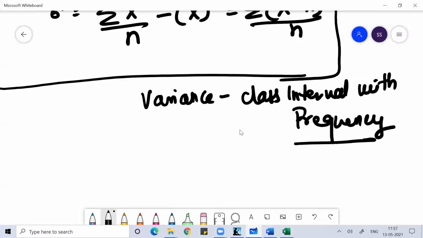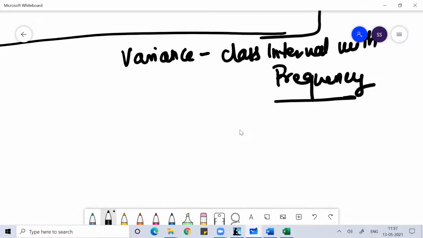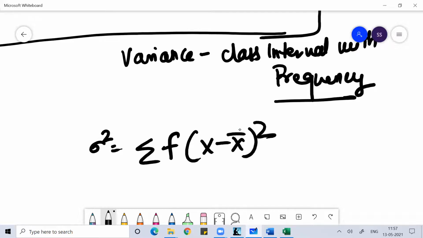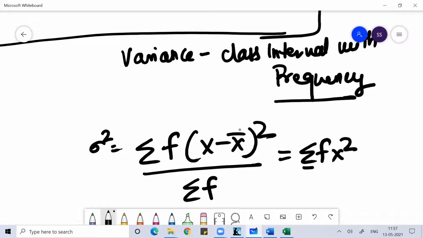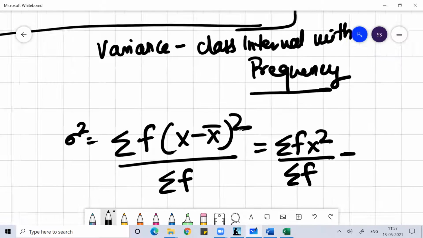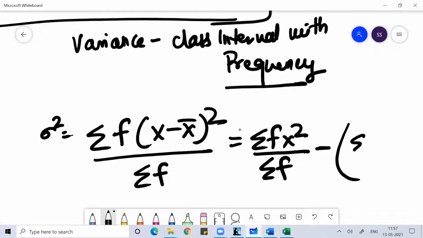The formula of variance is summation of f times x minus x bar whole square by summation of f. Another formula is summation of fx square by summation of f minus summation of fx by summation of f whole square. So this is another formula when you have class interval with frequency.